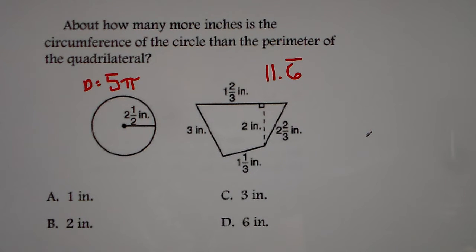We want to know how many more inches is the circumference compared to that. So we're going to do 5 pi minus 11 point, a whole bunch of 6s. And we're going to get 4.04.